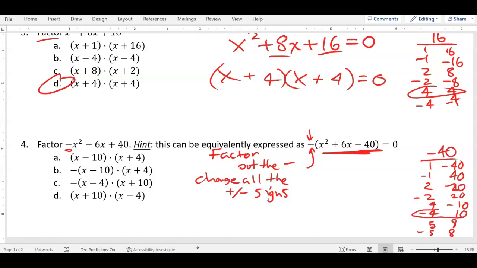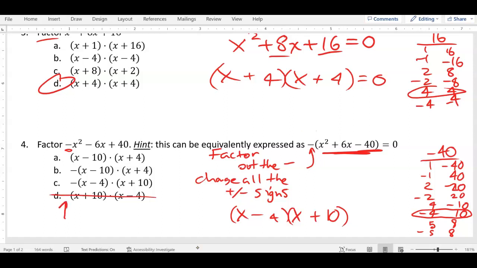Well, it's going to have to be these, -4, +10. So I want to put x and x, -4, +10, okay? However, the answer is not D because it is missing this very important thing out front.